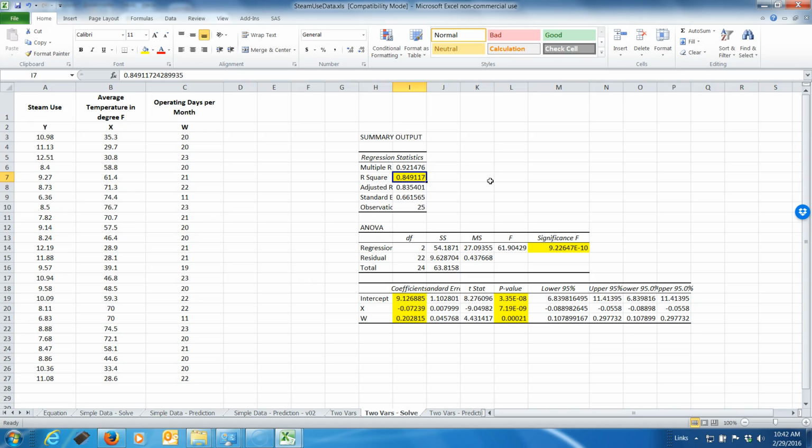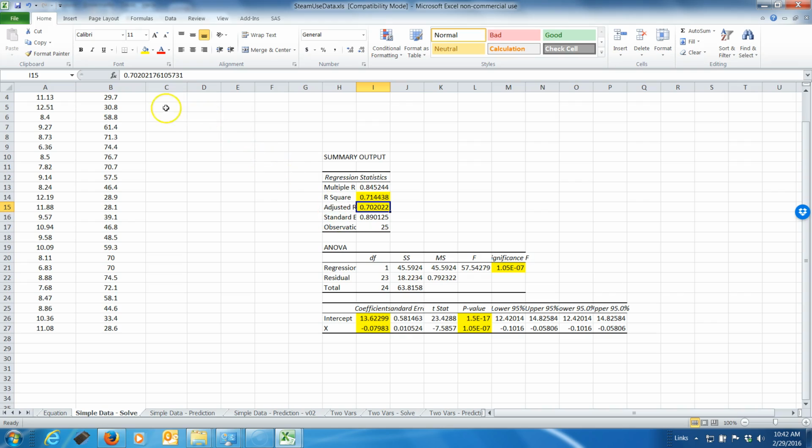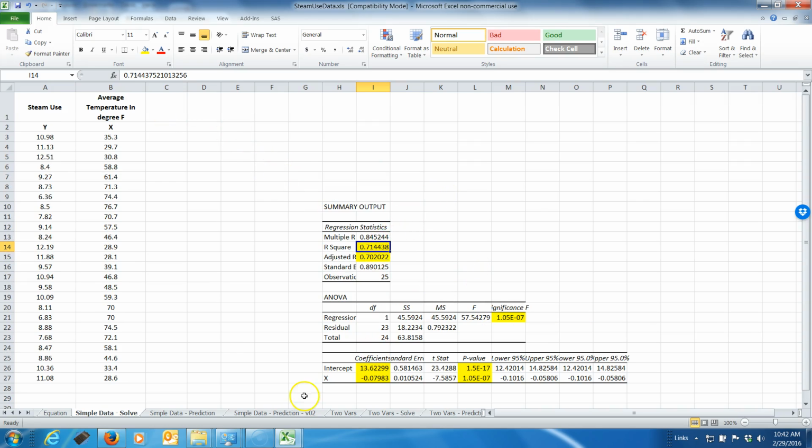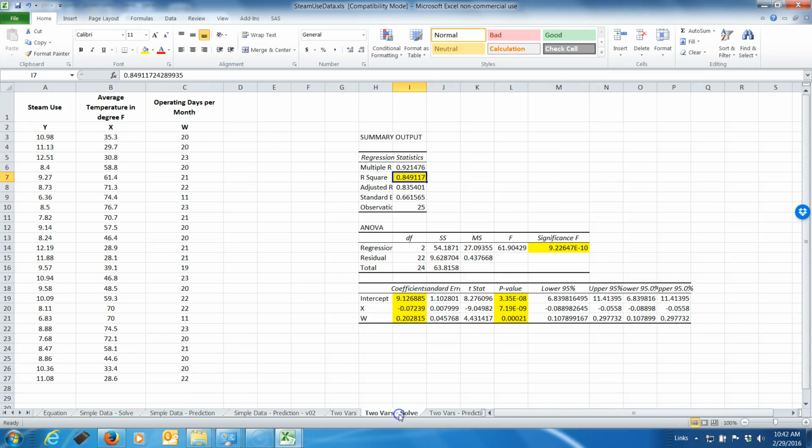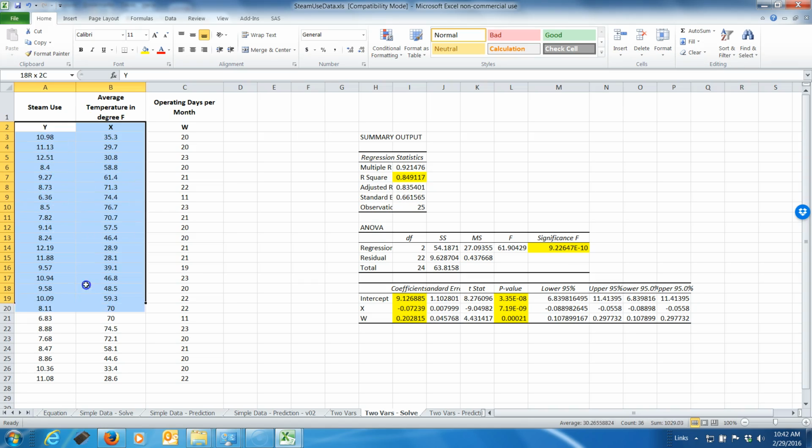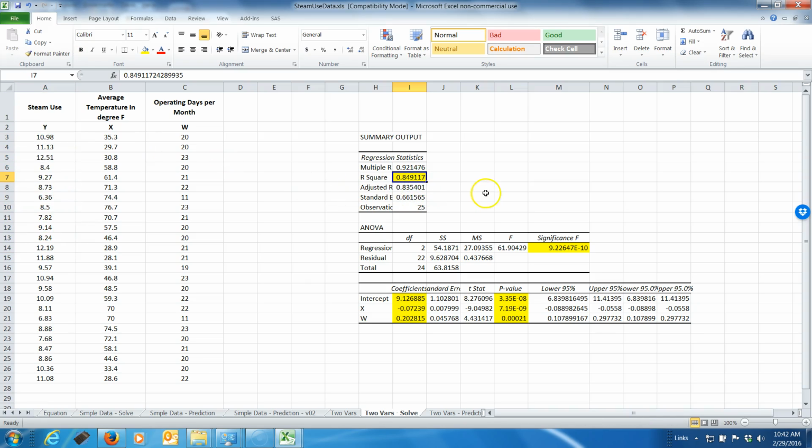Now, this is a higher number than when we looked over here. With one variable, it was 71%, and now, when we added a second variable, it's 84%. Well, 84% is bigger, but that doesn't necessarily mean it's a better model, because what you're going to find out with linear regression is that the more variables you throw at the problem, the better this r-squared value is going to be.